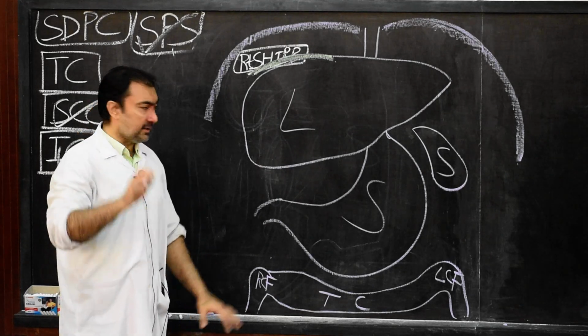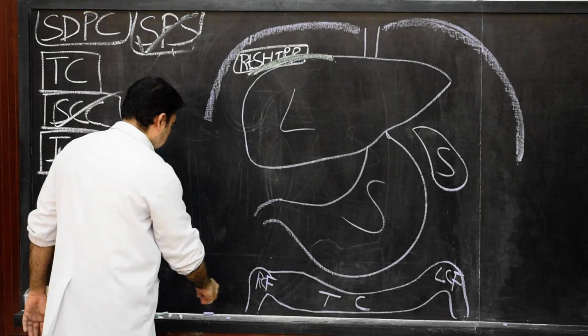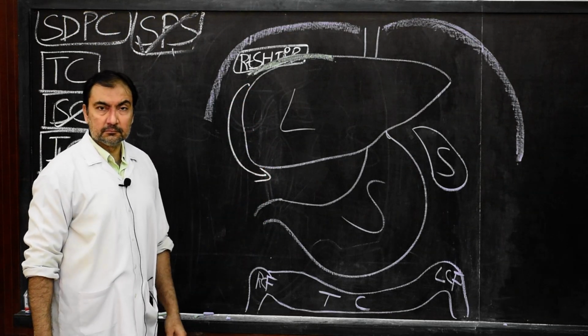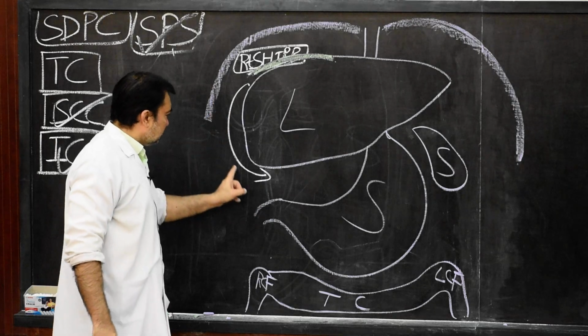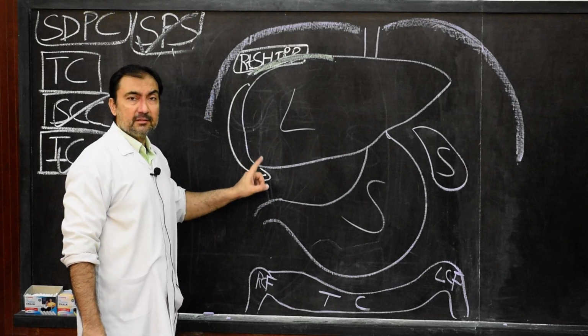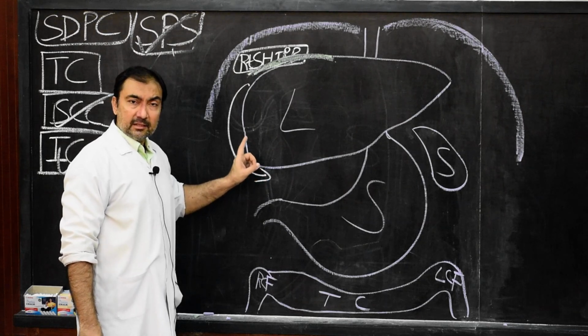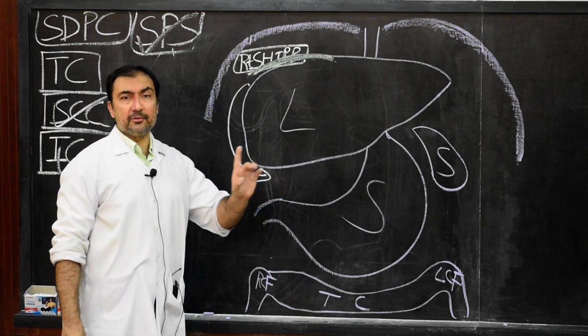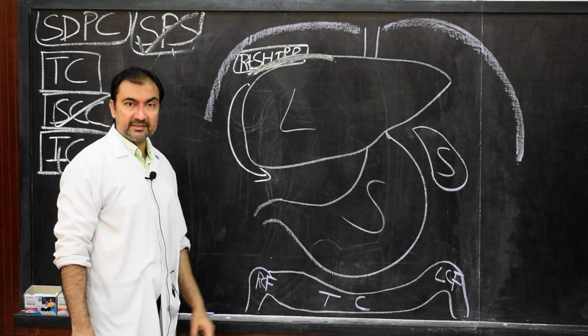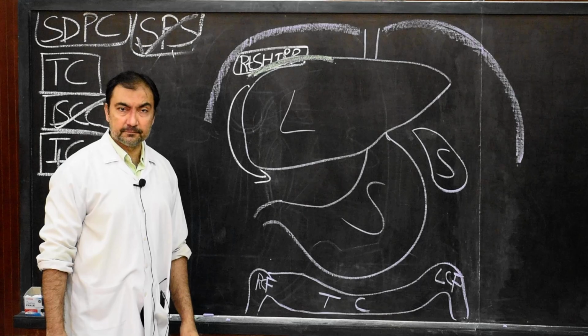And now inferiorly, it will communicate round the inferior border of liver with the right posterior intraperitoneal recess. With the right posterior intraperitoneal recess, it will communicate inferiorly.